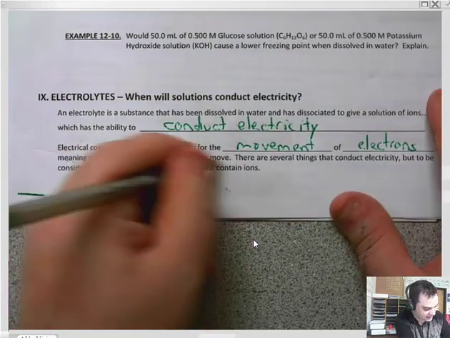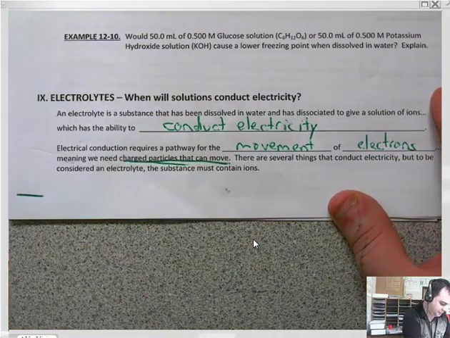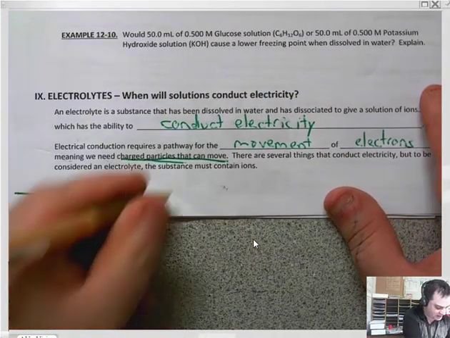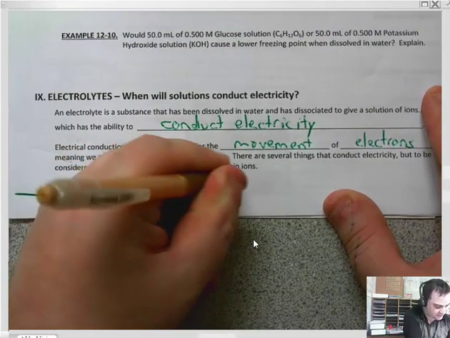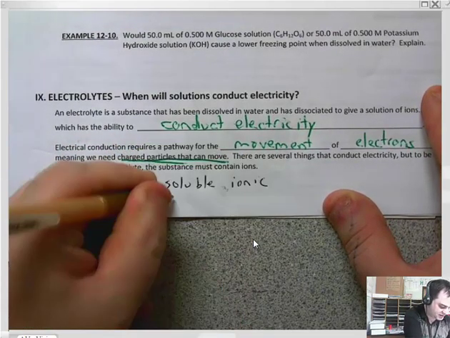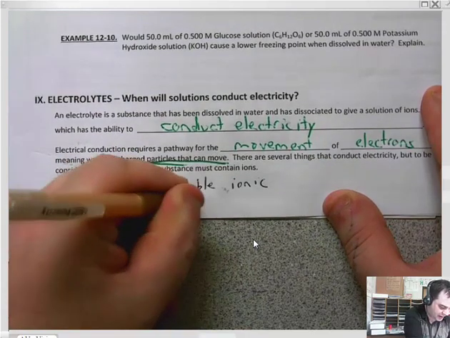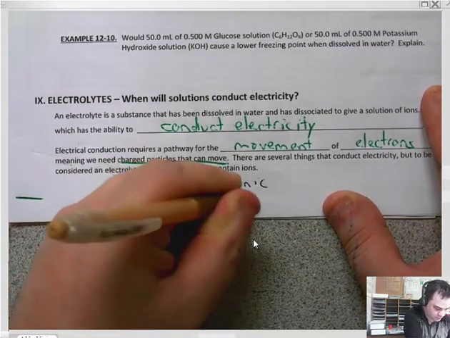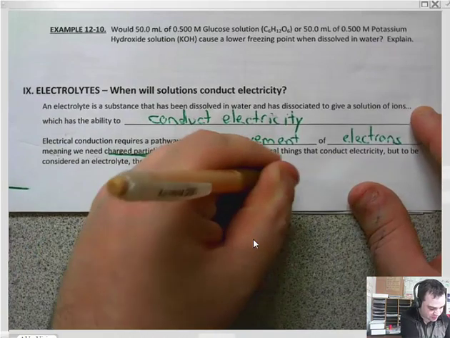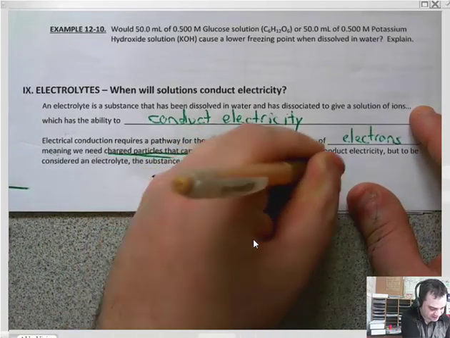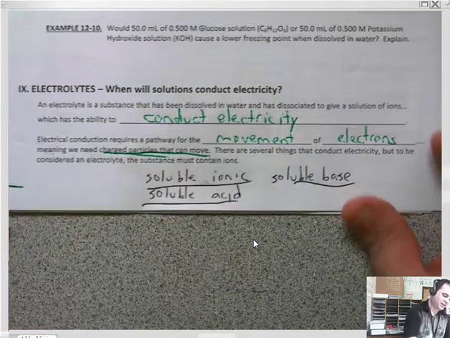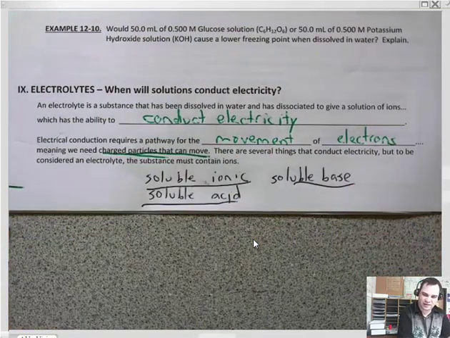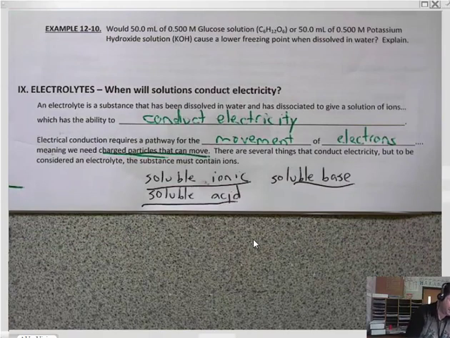That means you need charged particles that can move. That means it has to be soluble ionic, soluble acid, which all acids are, or soluble base. Those are the three things that are electrolytes: soluble ionic, soluble acid, and soluble base.